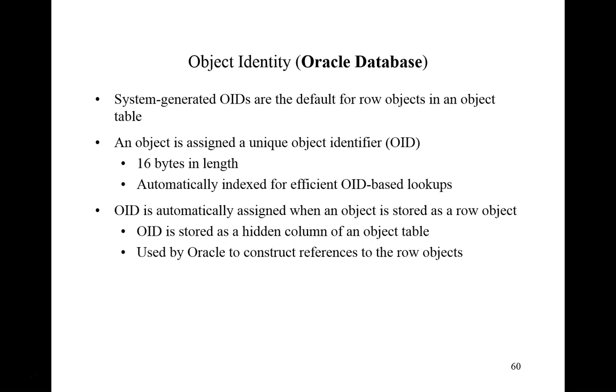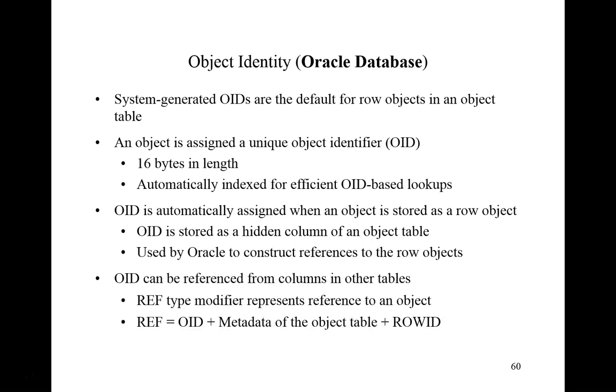But the OID does serve an important purpose. It's used by the Oracle system to construct references to row objects. So the OID can be referenced from columns in other tables using what's called a ref type modifier that represents the reference to an object.